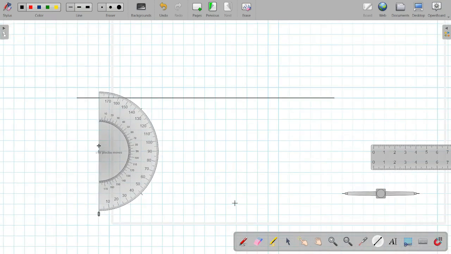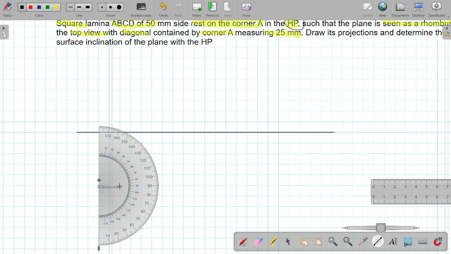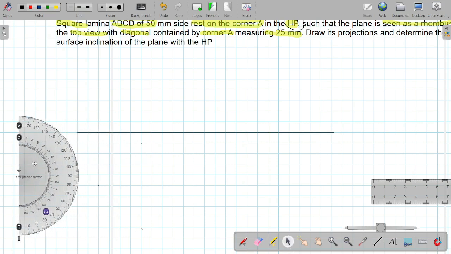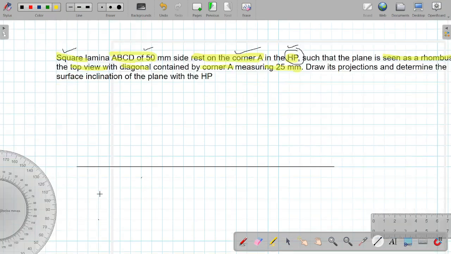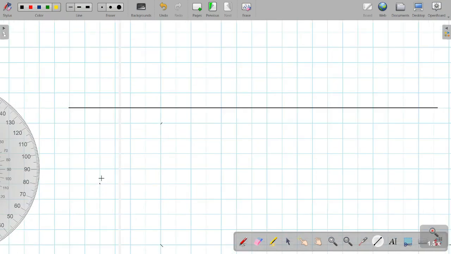Now why was it measured 45? Because we know that the angle between the sides of a square is 90 degrees. So I have marked 45 on that side and 45 on this side. Now joining these lines by a light line first for the initial construction.